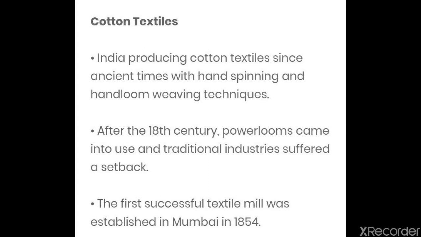The next industry after the textile industry that we would be discussing is the cotton industry. India has been producing cotton since ancient times, and we started the production of cotton with hand spinning, and after that handloom weaving techniques were developed slowly. But after the 18th century, power looms came into use, and the traditional industries suffered a setback.